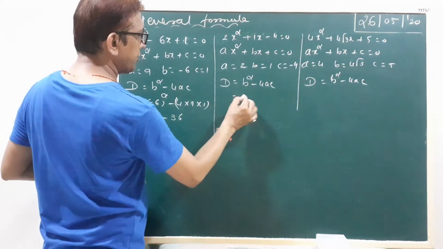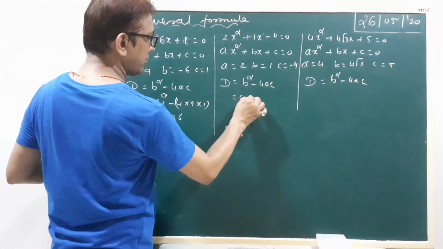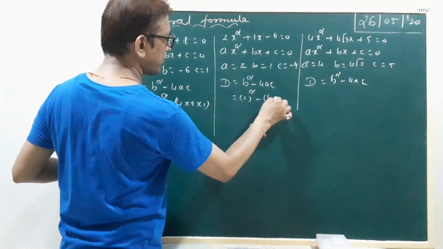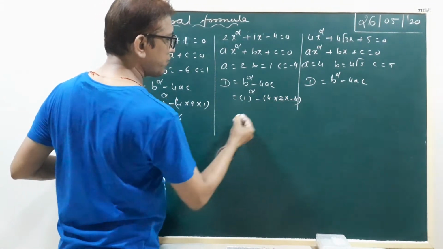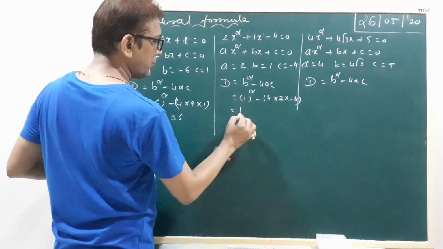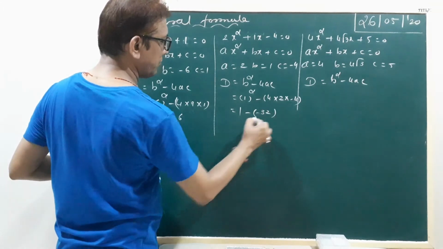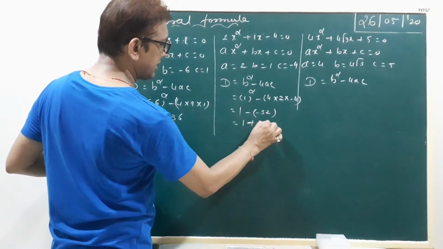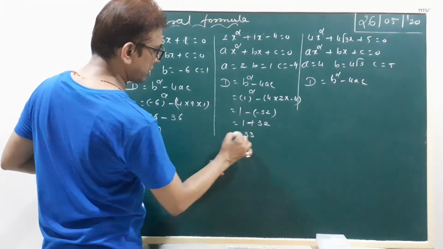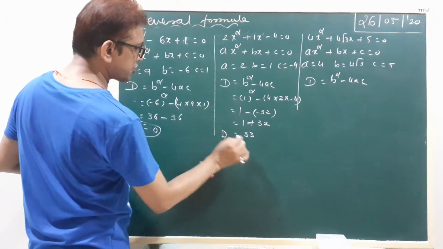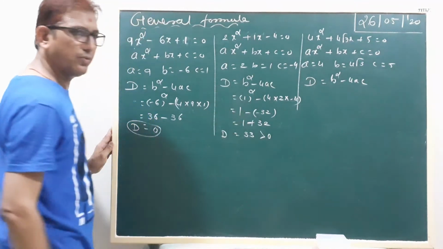Right? Now here the discriminant is 1 square minus 4 into 2 into minus 4. Okay? 4 times 2 times 4 is 32, but with the minus sign, so 1 plus 32 equals 33. The discriminant is 33, greater than 0.